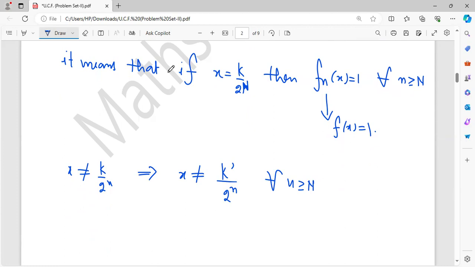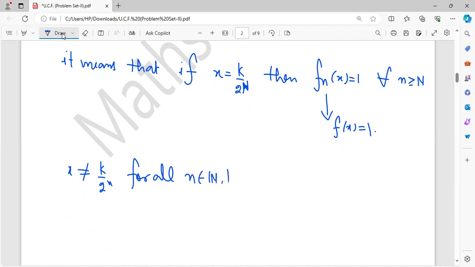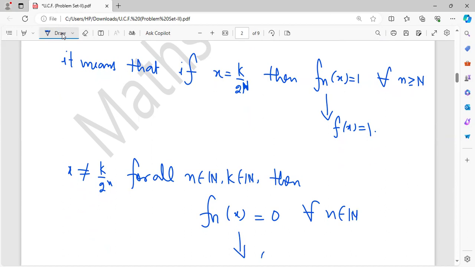So, you directly write: if x is not of the form k by 2 to the power n for any n belongs to N and k belongs to N, then f_n(x) is equal to 0 for all n belongs to N, and there it will converge to 0.